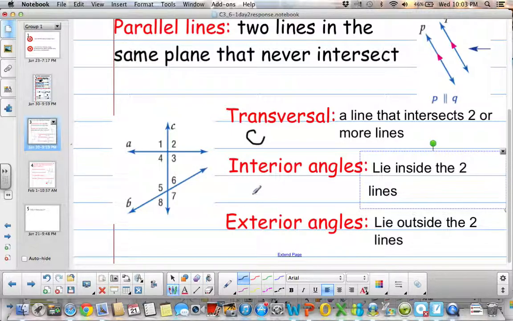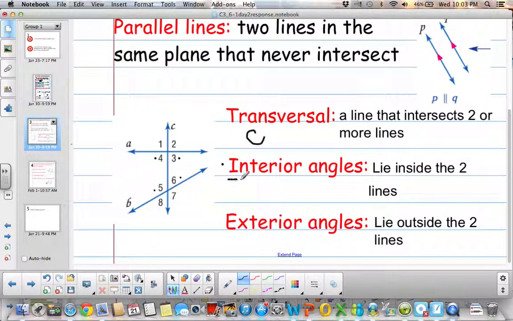Okay? So interior and exterior angles go along with the transversal. We have C, and then we have A and B. Our interior angles lie inside the two lines. The interior angles then are angle 4, angle 3, angle 6, and angle 5.